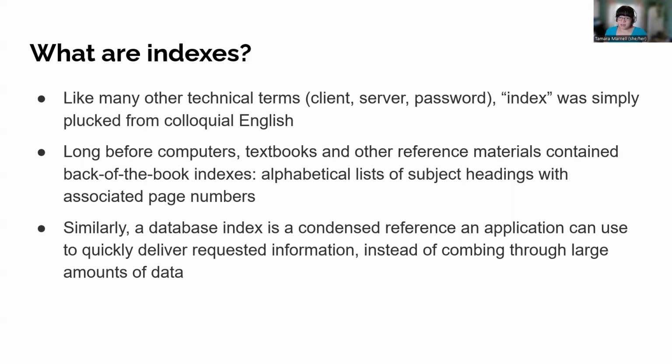And that's really all it is: a list of extracted information that is important, and then a pointer for where to find it. So a database index would be something that an application can use to quickly deliver whatever information you need to request frequently, instead of combing through large amounts of data.